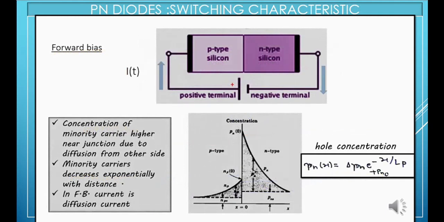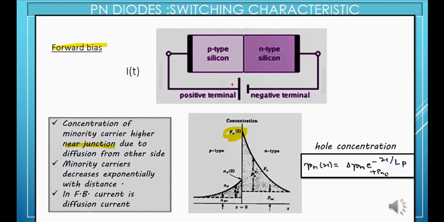When we connect the diode in forward bias, there is a diffusion current. The concentration of minority carriers is higher near the junction. You can see in this diagram that the charge carriers are high near the junction.